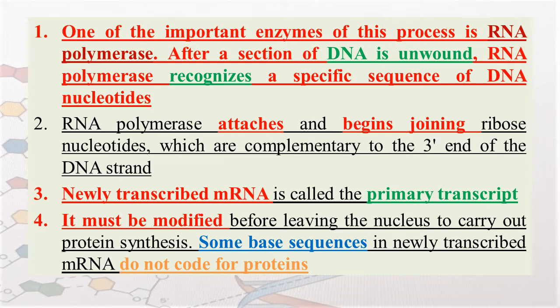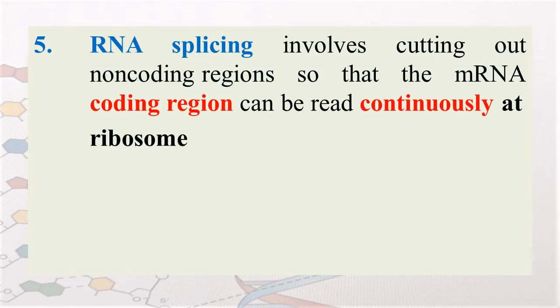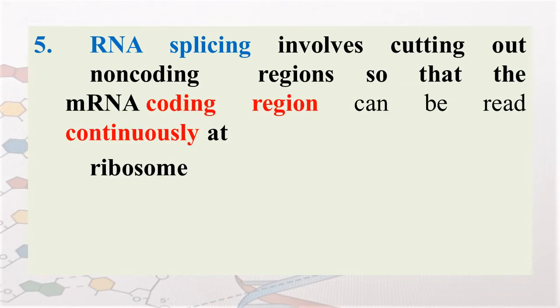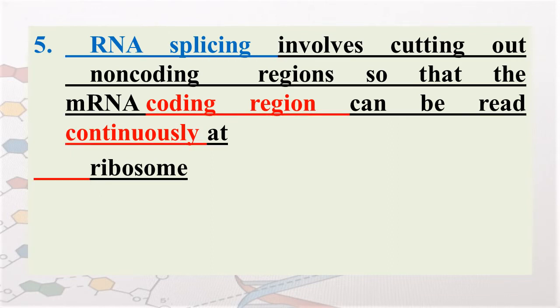Some base sequences in the newly transcribed messenger RNA don't code for the protein, and thus there is a requirement to cut out these non-coding regions. This process is called RNA splicing, which involves cutting out non-coding regions so that the messenger RNA coding regions can be read continuously at the ribosomes.